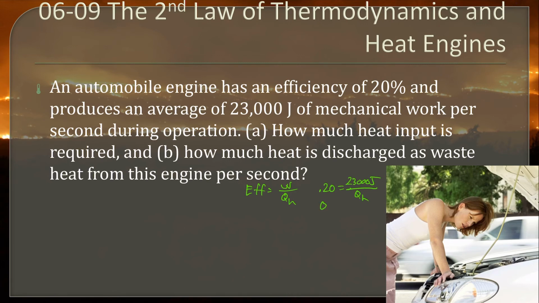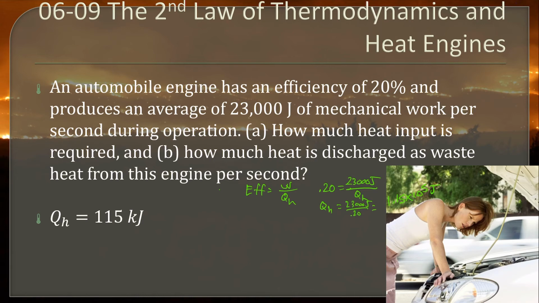So multiply by the Q, divide by the 0.2, and we get our heat then to be 1.15 times 10 to the 5th joules. So it is taking that much heat to make this engine run.